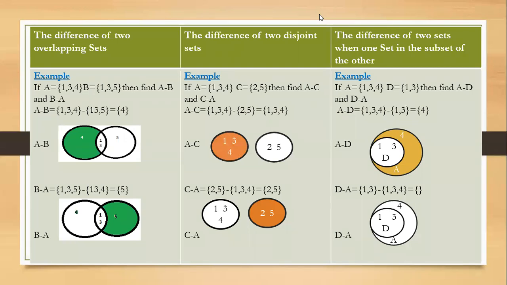The sets having some elements common are called overlapping sets, and the sets having no element common are called disjoint sets. And when one set is a part of another set, that means one set is a subset of the other. Okay? Understood, everybody?